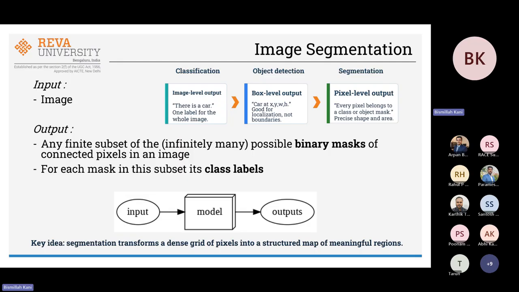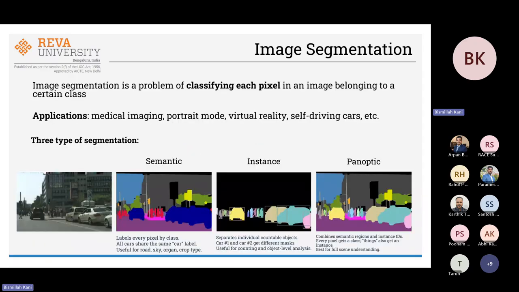Basically, this model is expected to output a finite subset of possible binary masks of all the connected pixels in an image. The binary masks depend on the number of classes. In this case, it will output two binary masks, one for a car and another for a pedestrian.